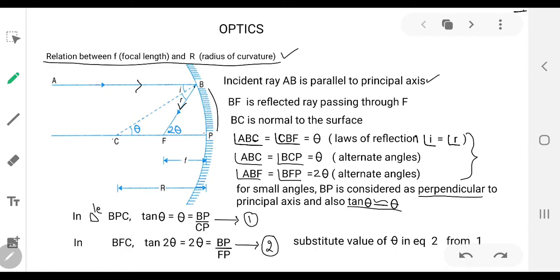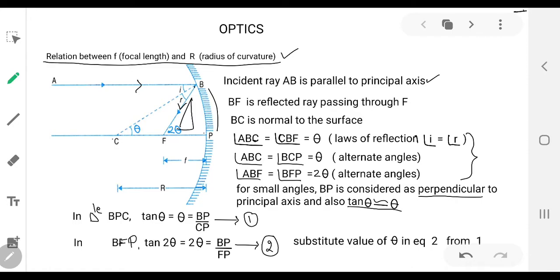Then another right angle triangle that you are getting is BFP. A small mistake over here. It should be BFP.